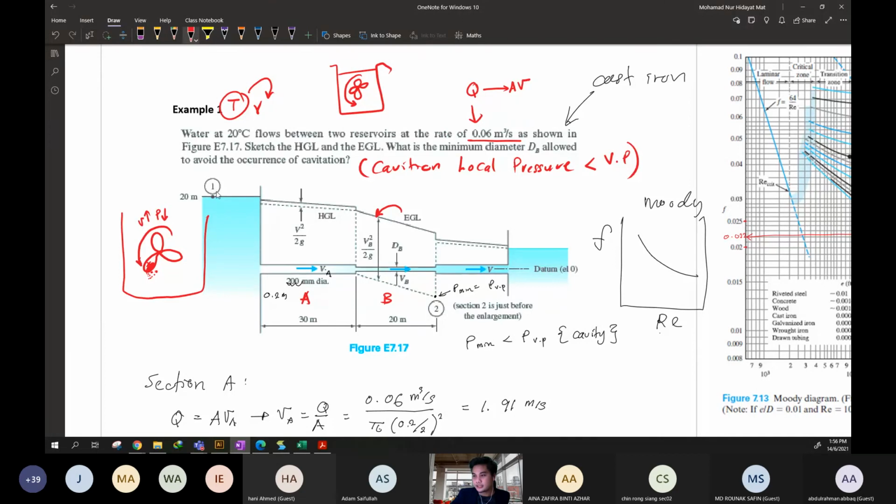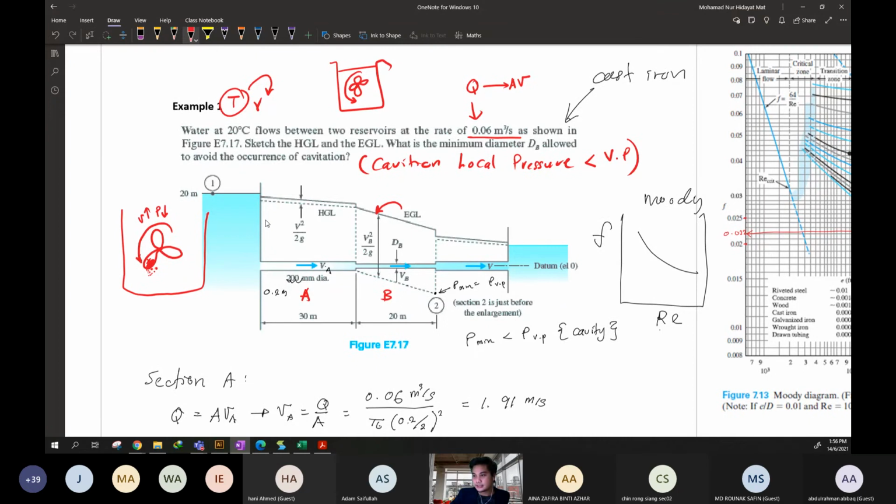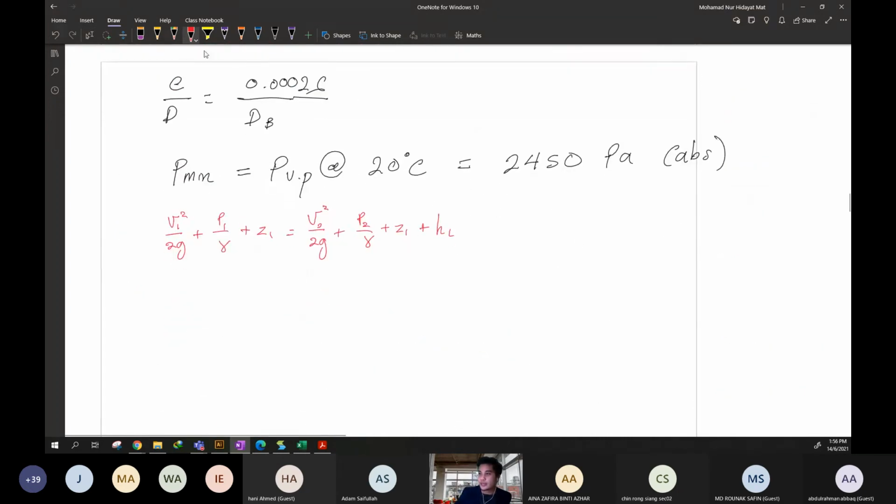No, because the velocity is very, very small based on the continuity equation, so V1 is 0 and we can cancel it out. Z1 is not 0.